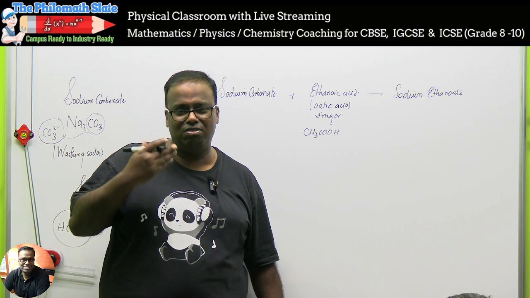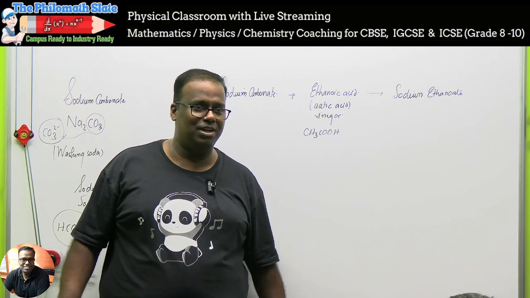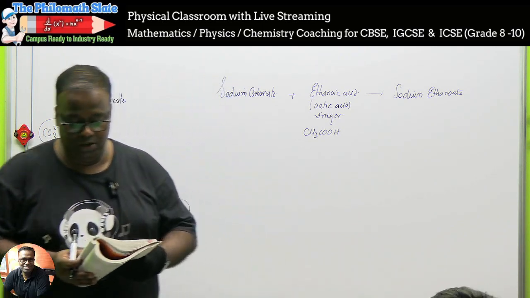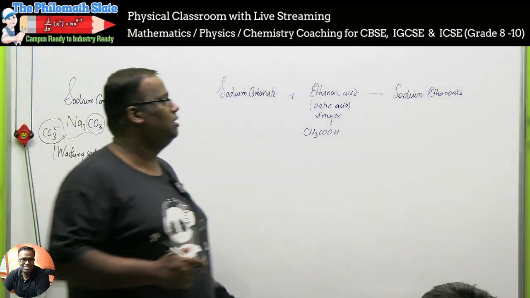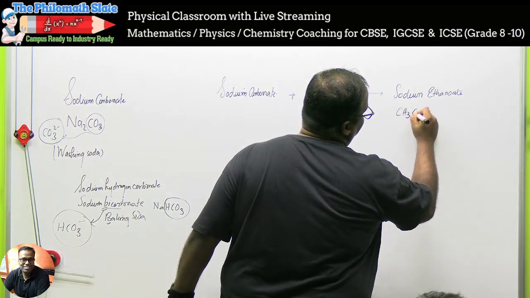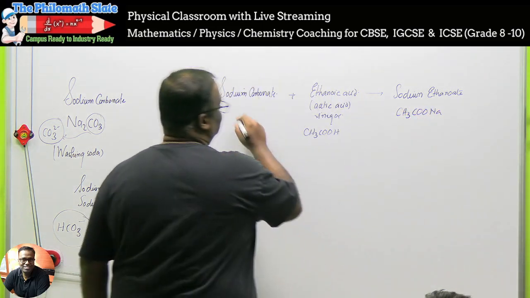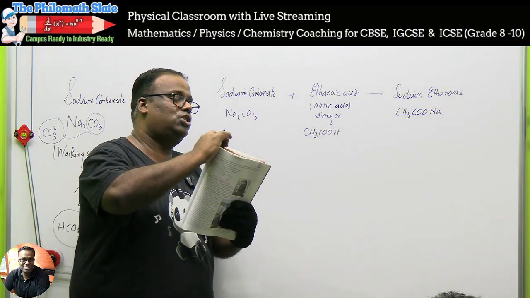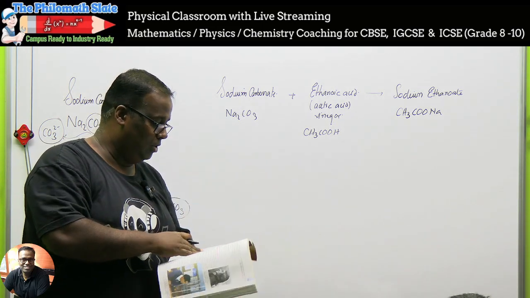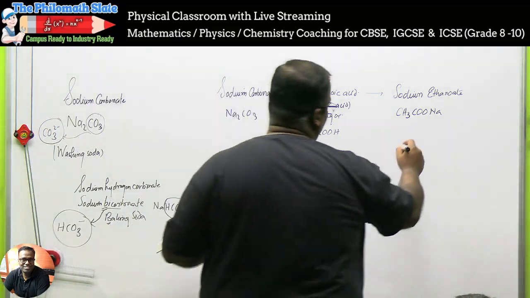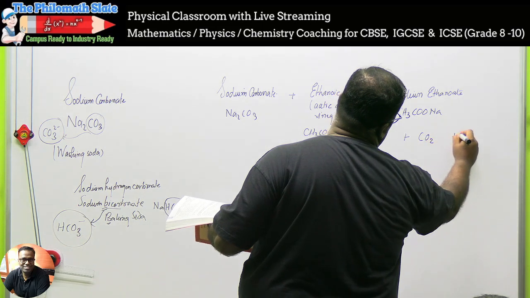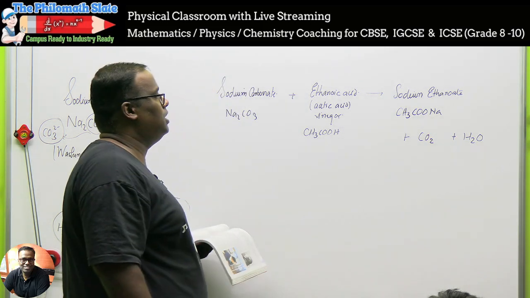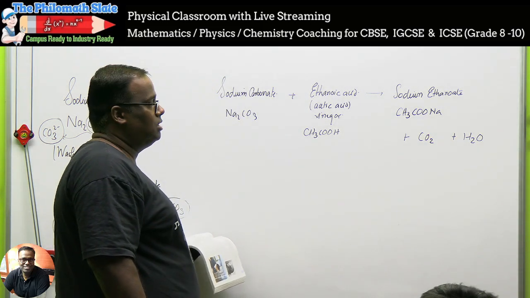As soon as you enter, you have a fruity smell. That typical bakery smell is all because of esters. Ester compounds have this kind of smell, okay. Sodium ethanoate is CH3COONa. It will form sodium ethanoate, carbon dioxide and water. These three things will form when sodium carbonate reacts with ethanoic acid, okay.